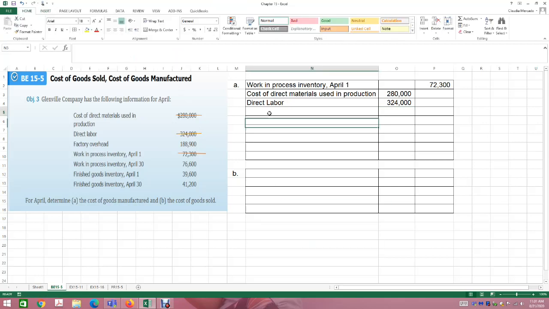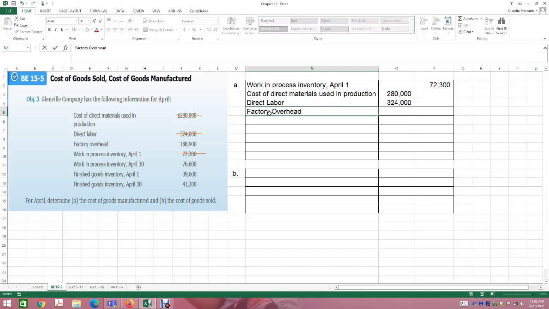So we've got materials, we've got labor. The third component is factory overhead. These are the three costs associated with manufacturing a product: our direct materials, our direct labor, and our factory overhead. Factory overhead is any other expenses that do not fit into the materials or labor category.